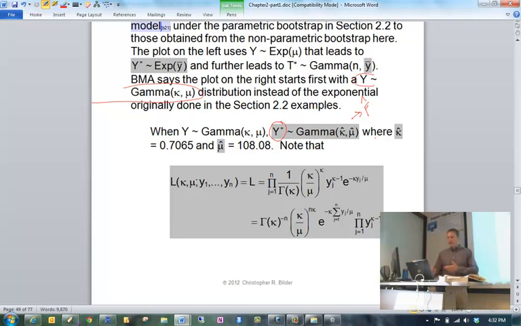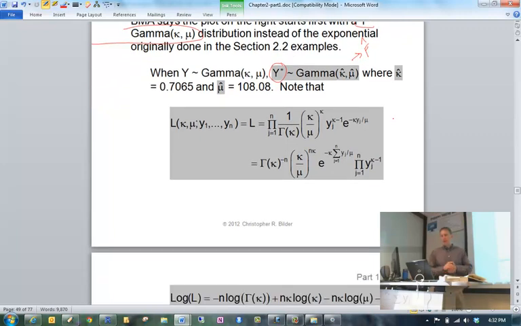So let's take a look at the likelihood function. This is what the likelihood function looks like, again using the notation of our book. You can do some nice little simplifications here. You can factor out the gamma of kappa, you can factor out a bunch of stuff. And in that product, you're only left with the product of y raised to the kappa minus 1 power. Then what do we do next when we do maximum likelihood estimation?